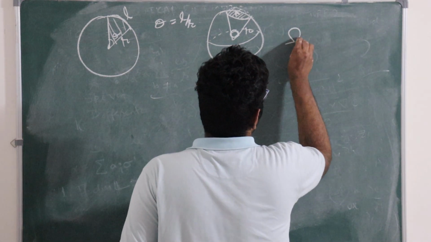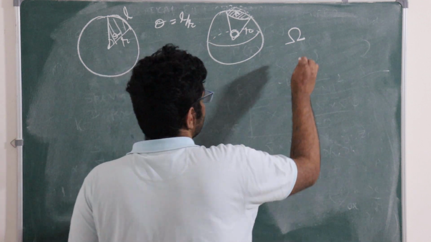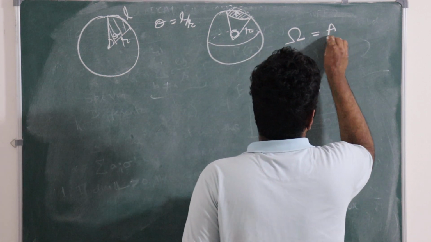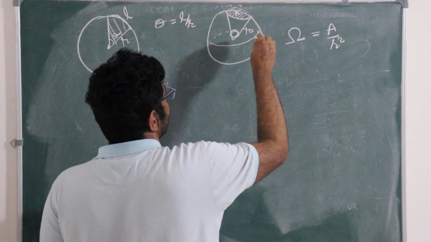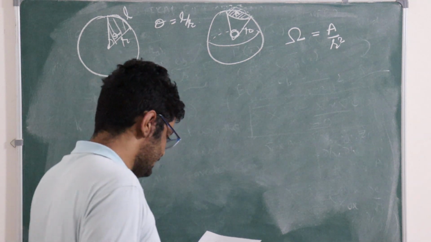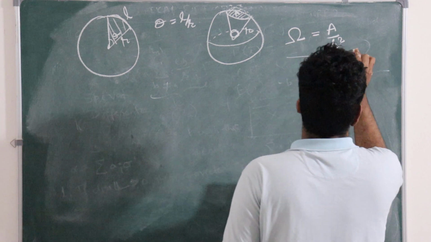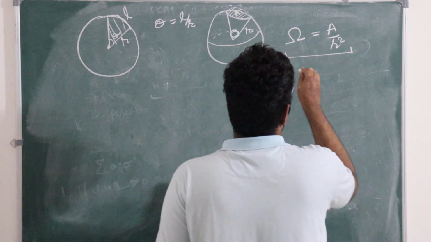So this solid angle is denoted by capital omega, and it is written as the area A subtended, divided by the radius R squared, and this is called the solid angle.